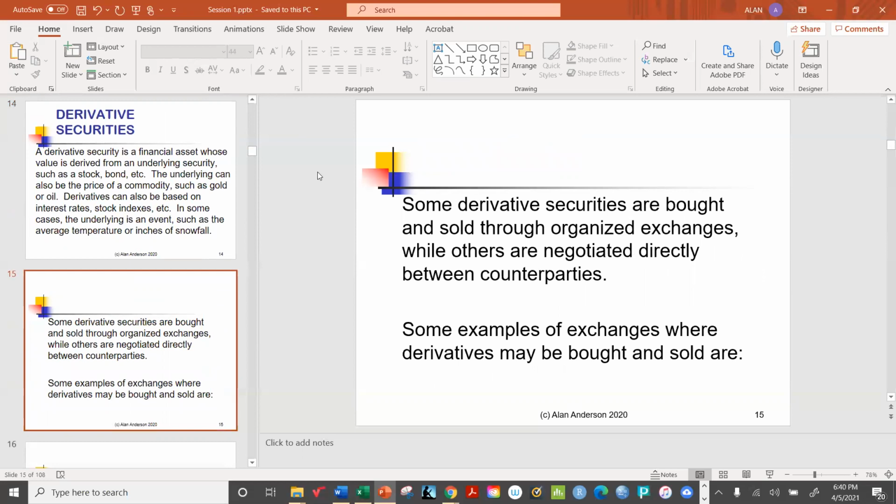Now, some derivatives are bought and sold through organized exchanges, and others are negotiated directly between counterparties. Okay, so now you know that, of course, stocks trade in organized exchanges, but these are specialized derivatives exchanges. In other words, you cannot go to the New York Stock Exchange and buy derivatives. They don't have them. But where can you buy them?